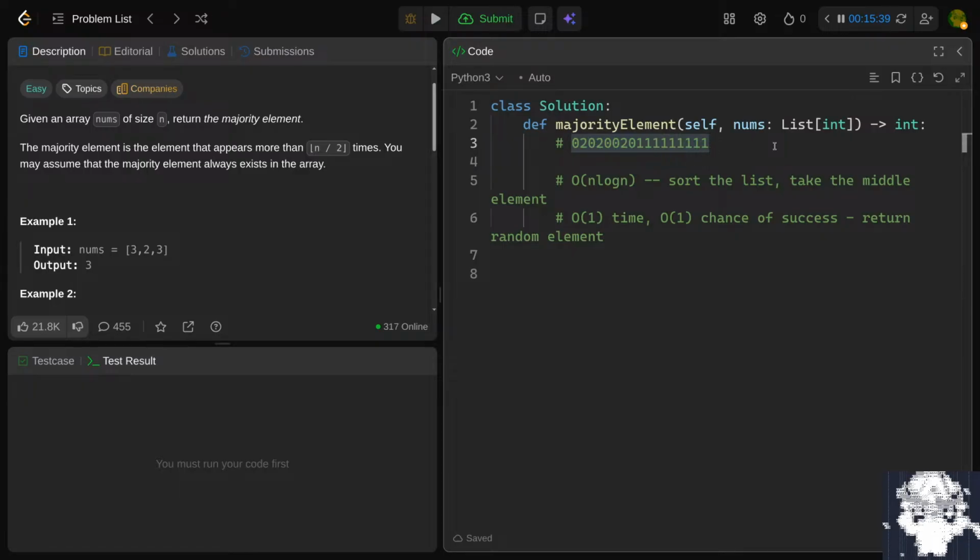Sorting and grabbing the middle element is still my best idea. I don't actually need them to be sorted, I just need the like elements to be next to each other, so contiguous elements to be equal.